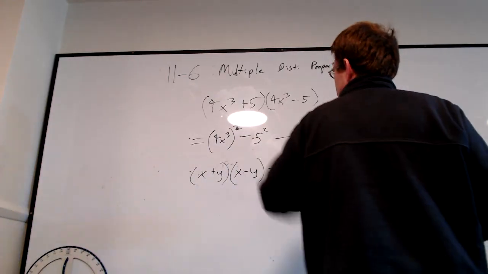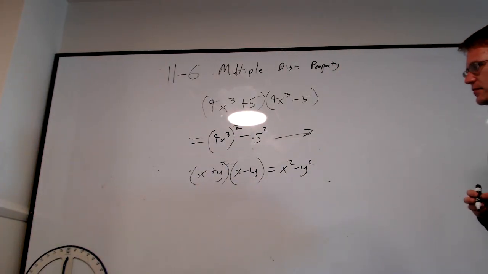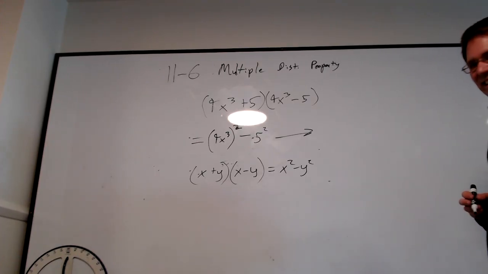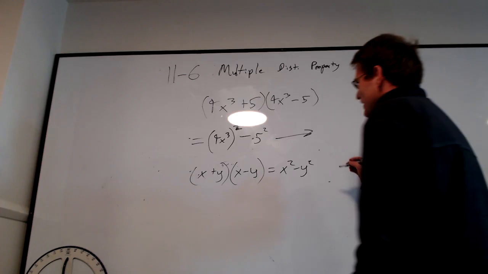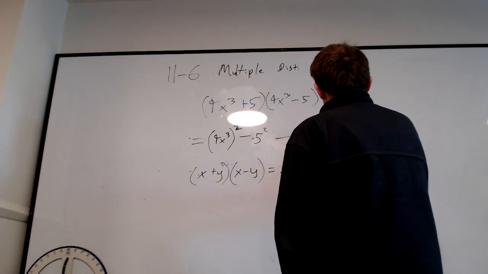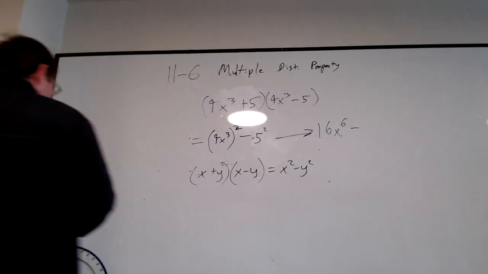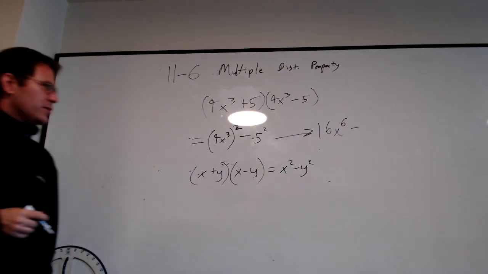What is 4x to the third squared? That'll be 4x to the third times 4x to the third, which is 16x to the 6. And that's going to be minus 25.